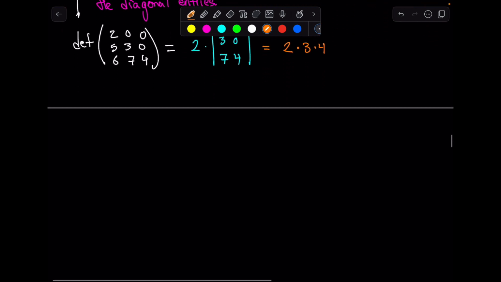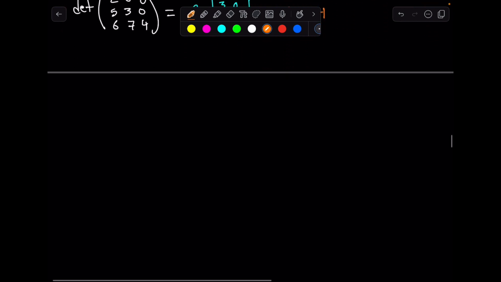Because there's more theory. Okay, so here's another theorem. So let A be a square matrix, so an n by n matrix. All right.